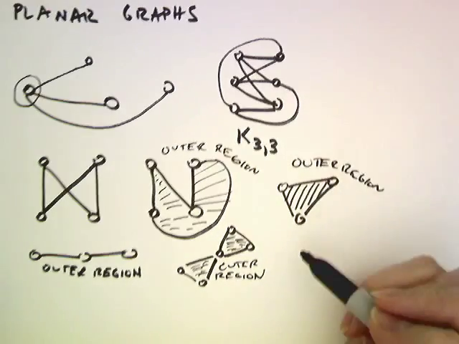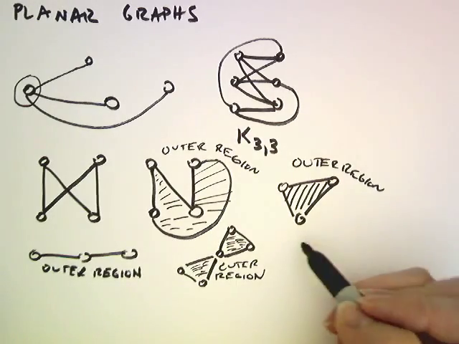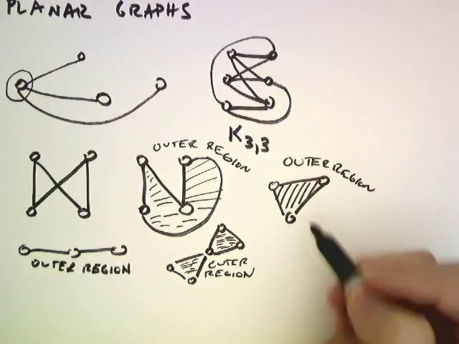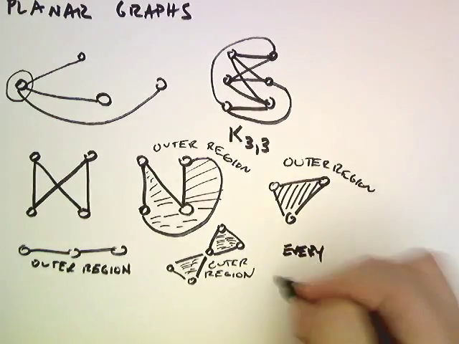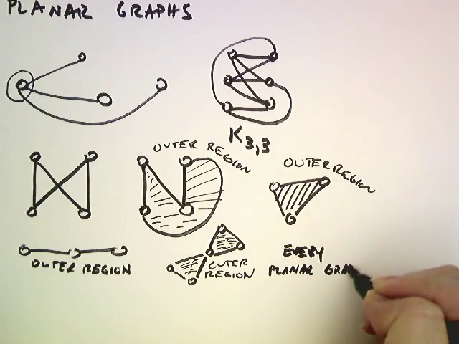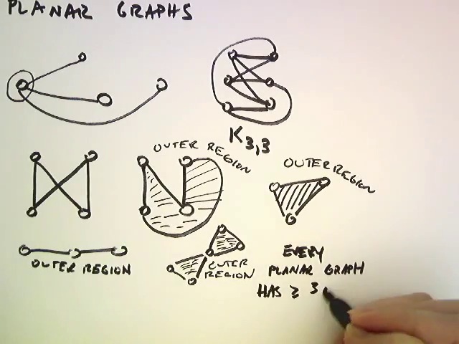So planar graphs are very interesting. They have a lot of applications. We're going to try to avoid looking at trivial planar graphs. So for this class, every planar graph has at least 3 edges.